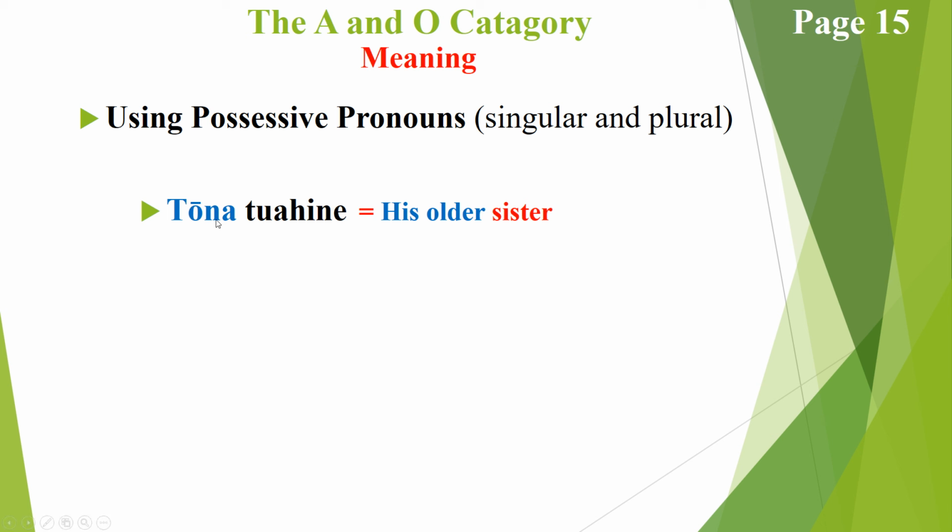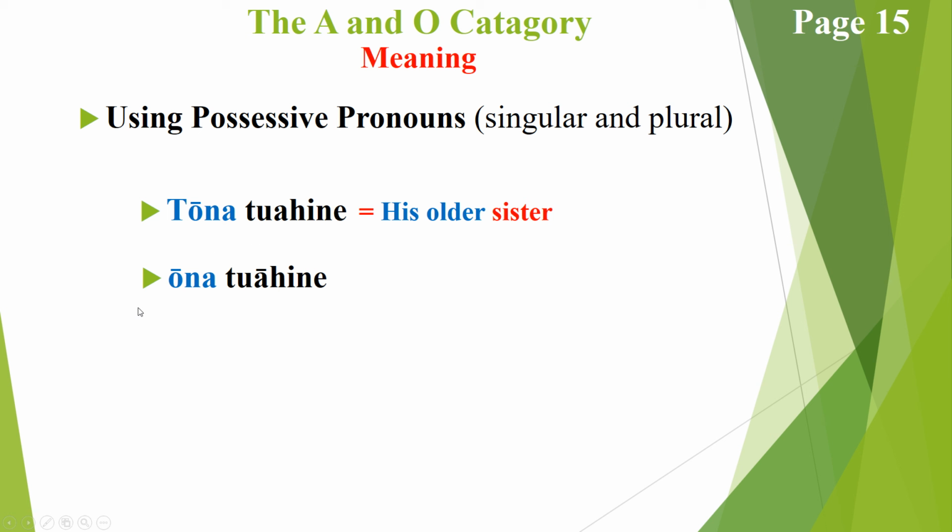But when you've got tōna in front of it, it can only be his older sister, because tōna, the O category here, refers to the older. Older is put in the O category, I should say, which makes this his older sister. You can't say his younger sister, otherwise this should have been tāna. So it can't be his younger sister. It can only be tāna. That needs to be changed.